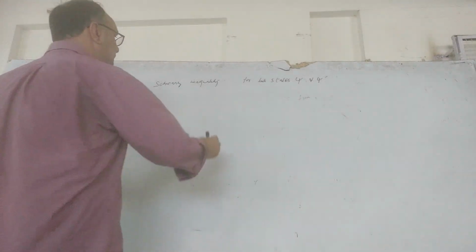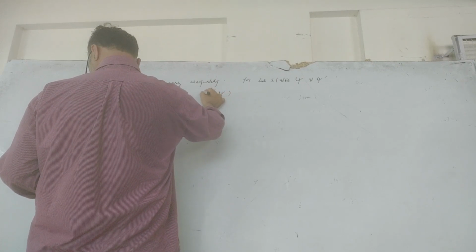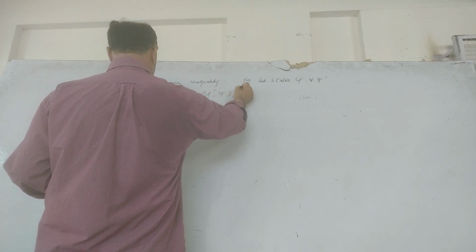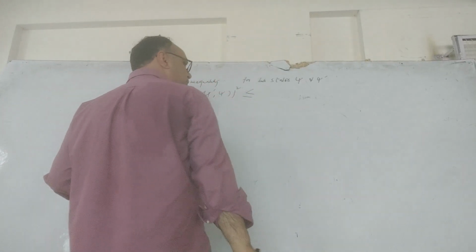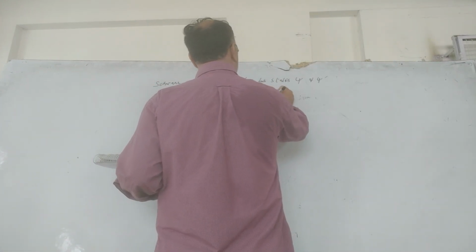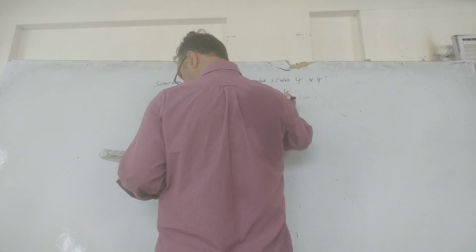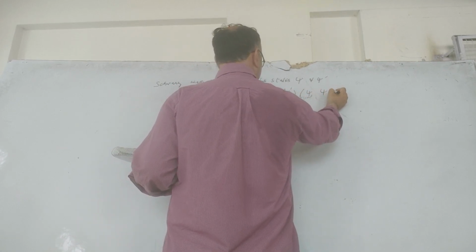It can be written as: the inner product of psi prime and psi is less than or equivalent to the inner product of psi with psi prime with psi prime, as well as psi with psi.